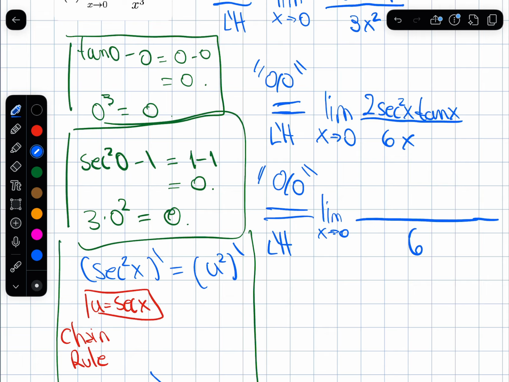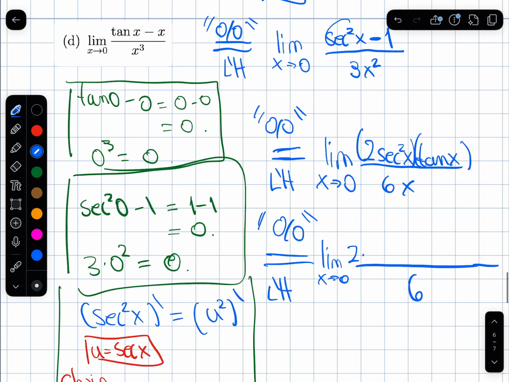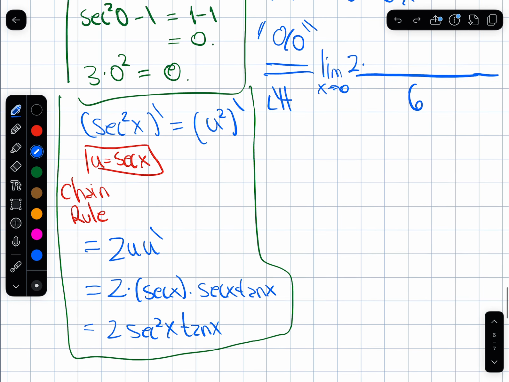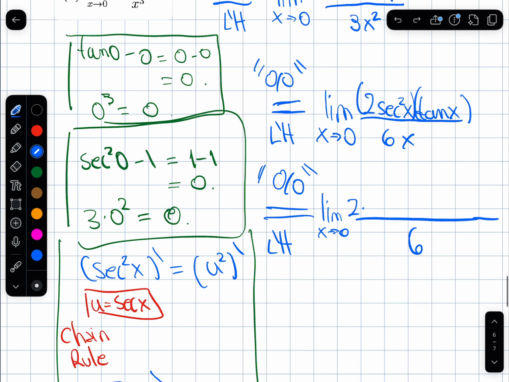All right. So now I have products that I need to take the derivative of, so it will be a product rule. The derivative of the first, deriving secant squared, I already did in the previous step with the chain rule right here. You see that? That's 2 secant squared tangent x on the left. So it's going to be 2 times 2 secant squared x tangent x.